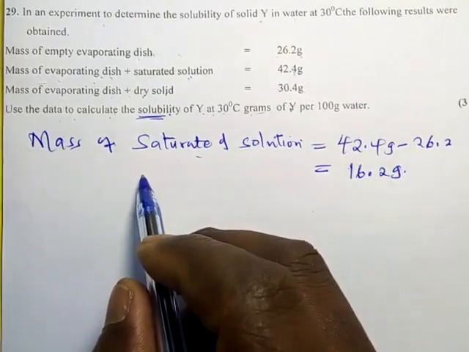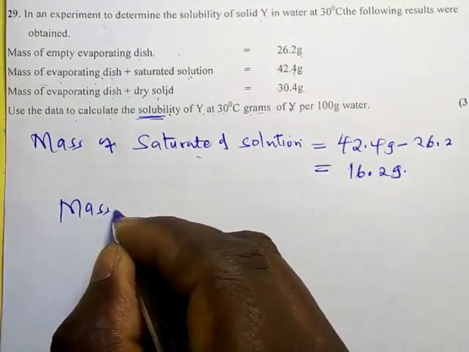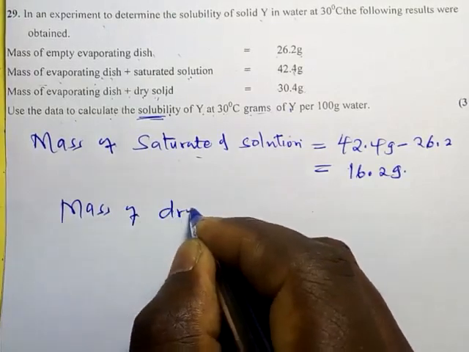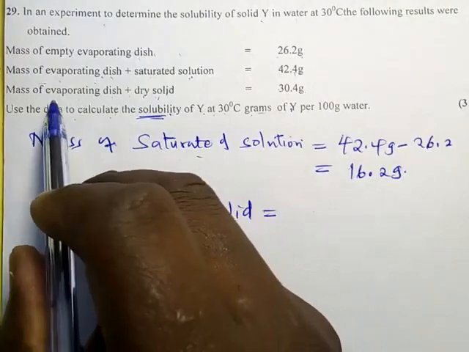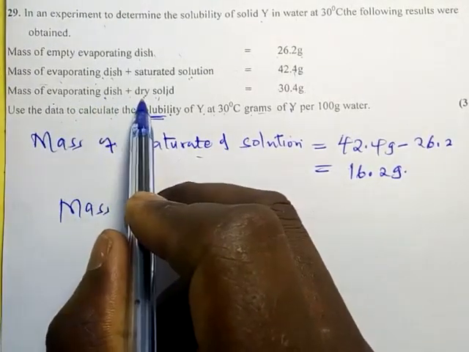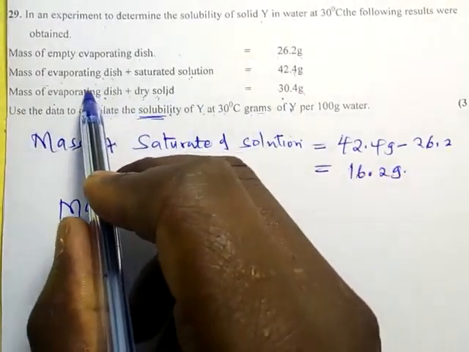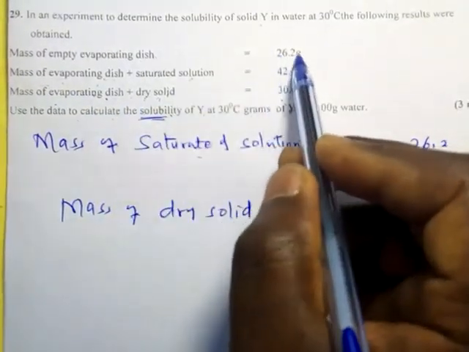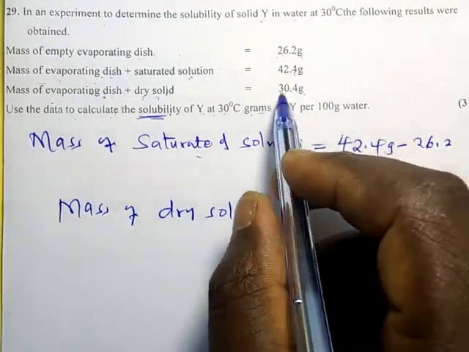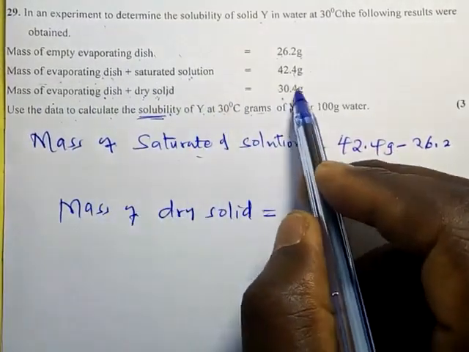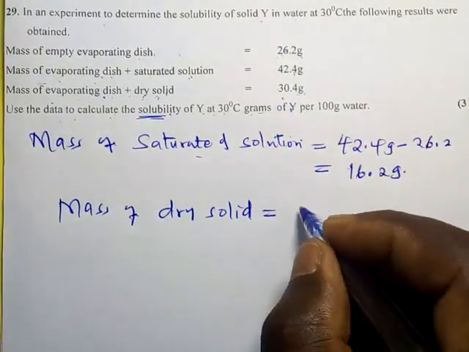Next, we want to calculate the mass of the dry solid. We have evaporating dish plus the dry solid equal to 30.4, but we know the empty evaporating dish is 26.2. So we can get the mass of the dry solid: this total, subtract 26.2, and we will get the mass of the solid alone.